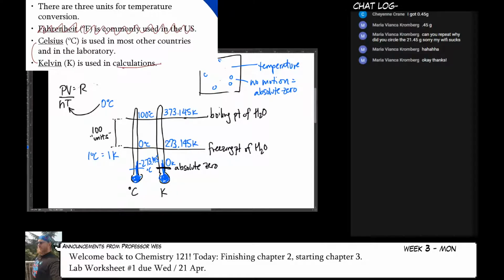You cannot divide by 0. So the issue is we cannot use Celsius for temperature because 0 is a reasonable temperature, in terms of is it possible to get to it? Yeah, you go outside on a winter day, it's 0, right? So Kelvin is what we use in all calculations.